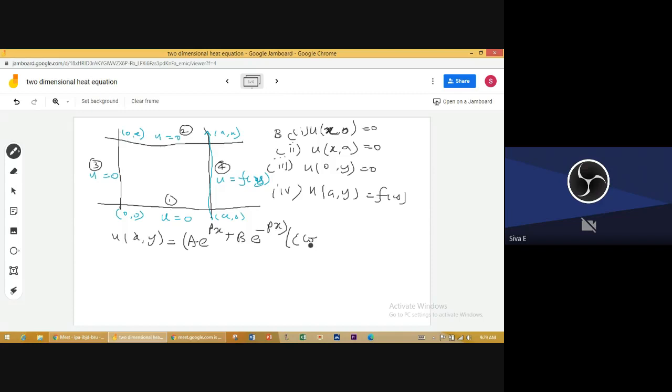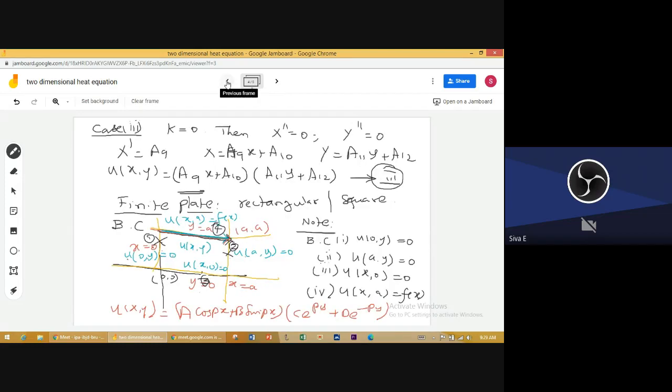So to correct it, (c cos py plus d sin py) is suitable. So the third possible solution is ruled out. Anyway, this is one of the possible solutions, but it will not be the suitable solution for any case. Okay, we can omit the third one.